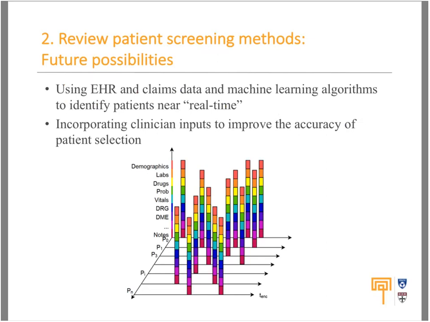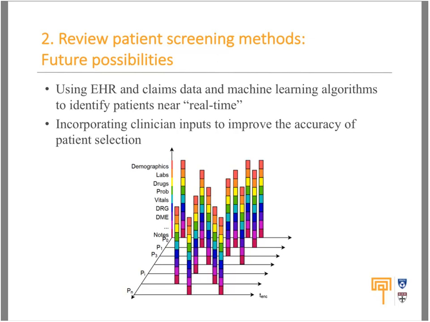My team and I have been very fortunate to work with Josh and Rochelle to look into the possibilities of using clinical informatics methods and electronic health records to help identify patient cohorts for their serious illness care program. We are testing the hypothesis of whether using electronic health records and machine learning will improve the accuracy of patient selection.